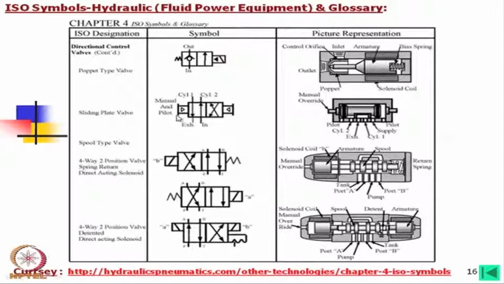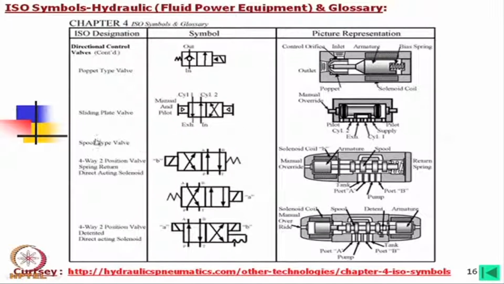So, this symbol means this extended line is for manual operation, and this means that there is a pilot. However, perhaps this is for air, because this triangle is not filled. If this triangle is filled, then this is for oil. Okay. So, this is an inlet, exhaust, cylinder 1, etc. given.